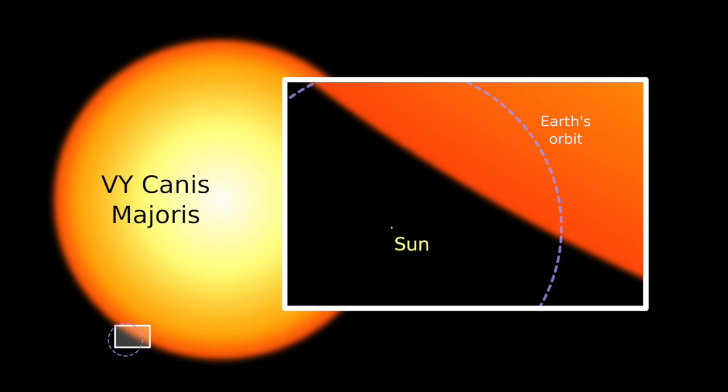This star is so big that if you set our Sun next to it and took a picture from far enough away that you could capture the full star, the Sun would take up less than a pixel. That is insane. You could have a super high resolution image, you could see everything about that star, and then the Sun would almost be invisible because of how small it is, and VY Canis Majoris' light would just blot out anything the Sun could put out.